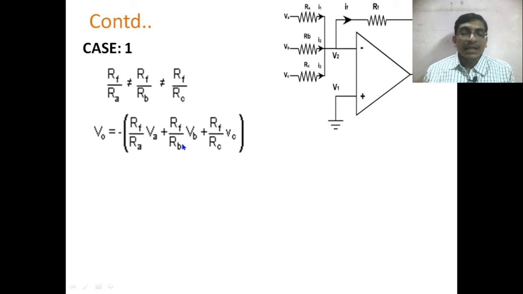Plus, RB is equal to 4, therefore RF by RB is 8 by 4, which is 2, so 2 into VB. Plus RF by RC, where RC is taken as 8 kilo ohms, so 8 by 8 becomes 1. Sorry, VA gets multiplied by a factor of 8 by 2, which is 4. So 4 VA plus 2 VB plus 1 VC.